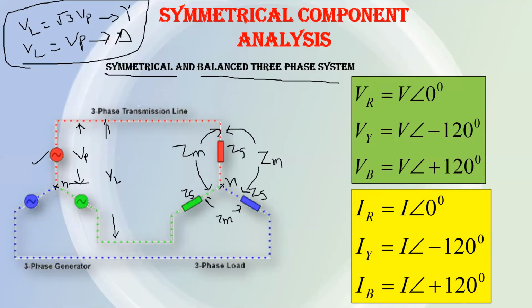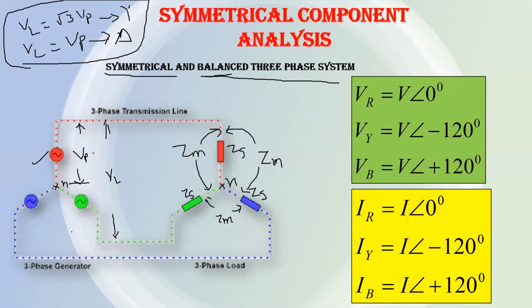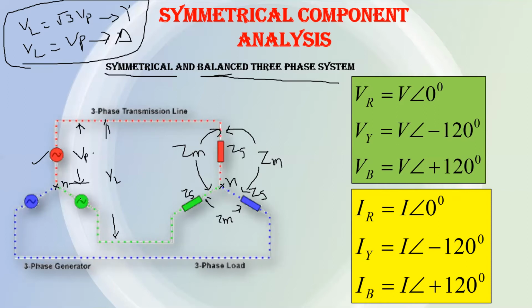Now, what is the meaning of a balanced system? What is the meaning of balanced voltage? Balanced voltage means if this generator gives balanced voltage to this load, each phase voltage will be of the same magnitude.